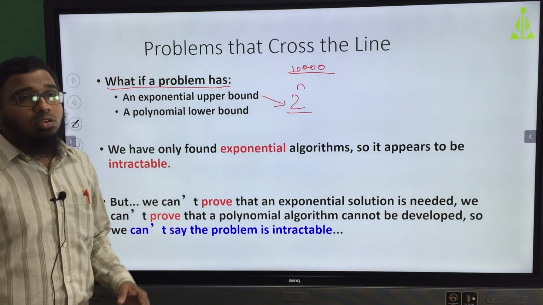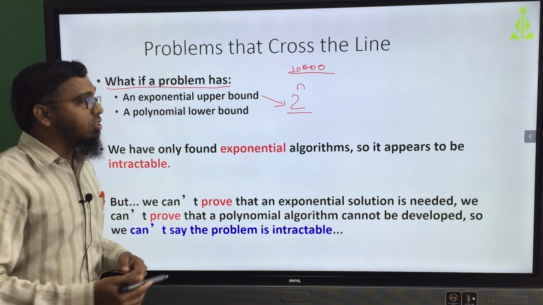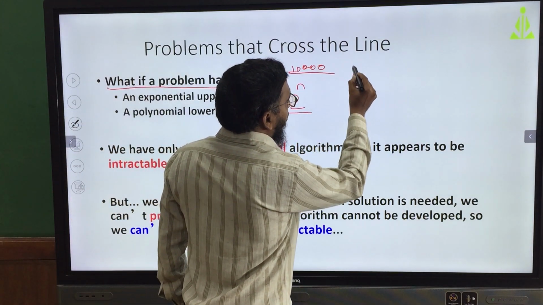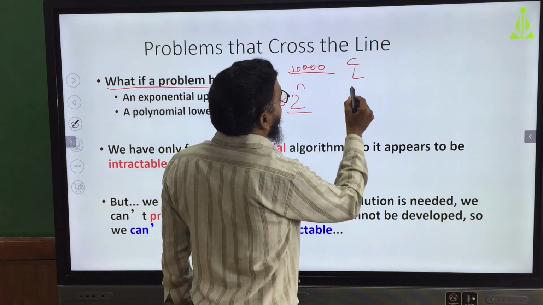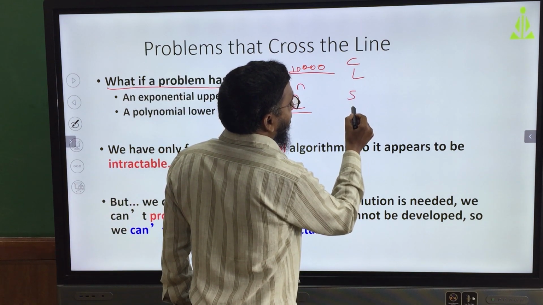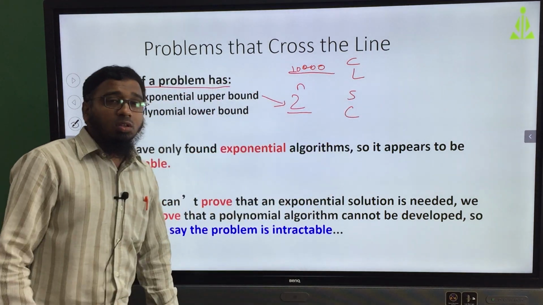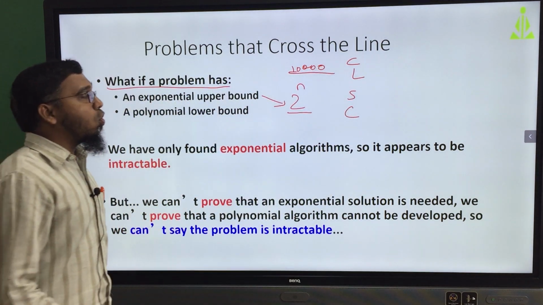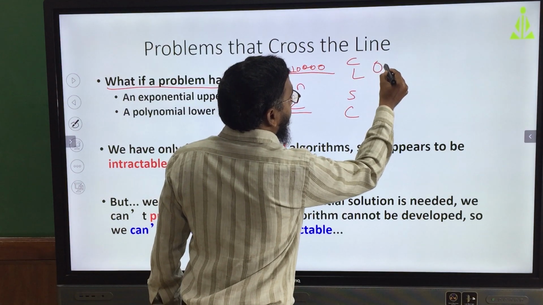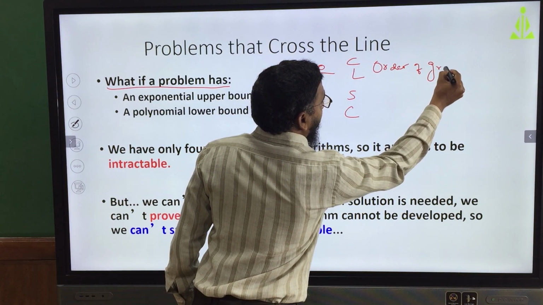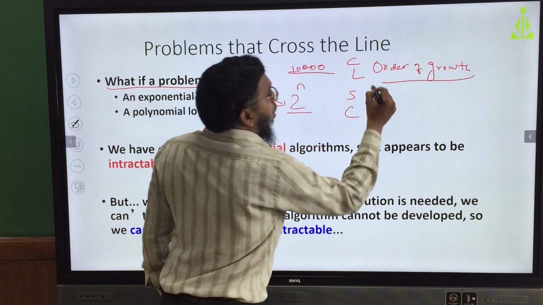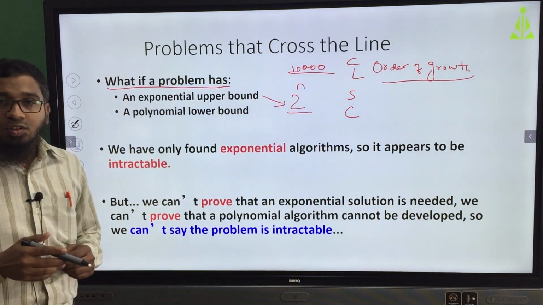In the first unit we already discussed constant, linear, logarithm, cube, square. These are all orders of growth. We already discussed order of growth in the first unit.